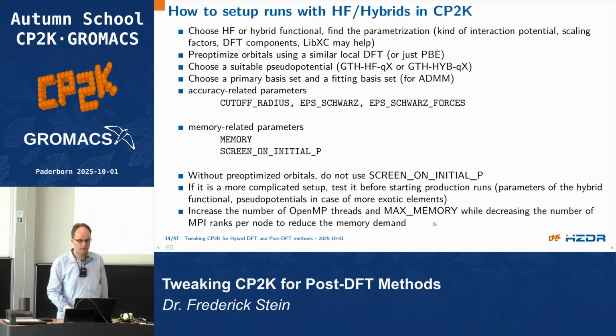Generally, the Hartree-Fock code is not only MPI parallelized, as most of CP2K, but also excellently OpenMP parallelized, which allows you to reduce the memory demands of the code a bit, which is relevant especially for larger systems. If you use more OpenMP threads, then you should also increase the max memory value accordingly, because the maximum memory is given as a maximum memory per MPI rank, not per CPU core.